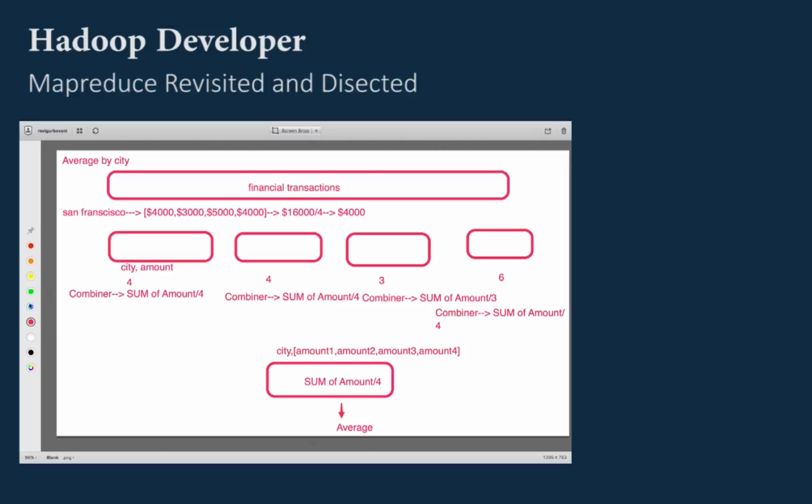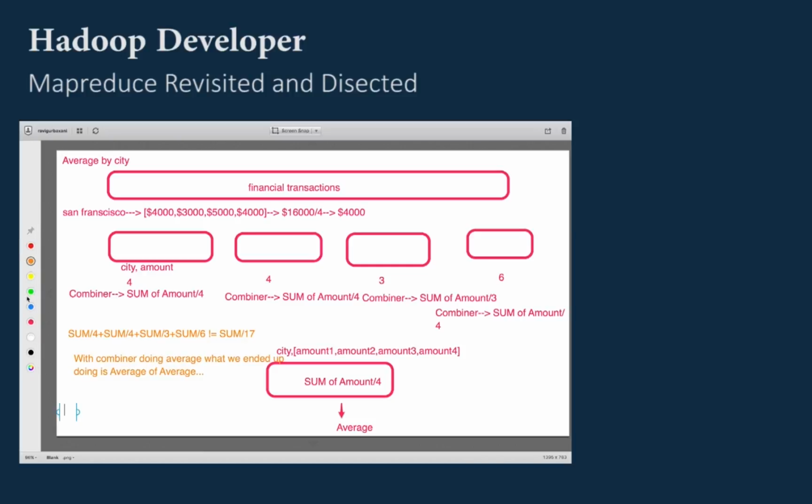But this is not going to work. Let's understand why. Sum by 4 plus sum by 4 plus sum by 3 plus sum by 6 is not equal to sum by 17. With the combiner, what we ended up doing is an average of averages.